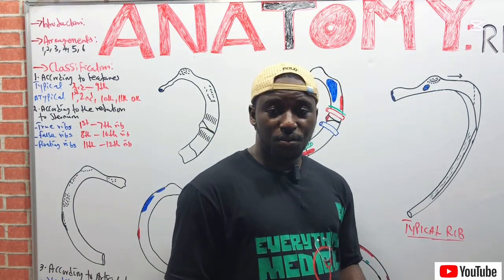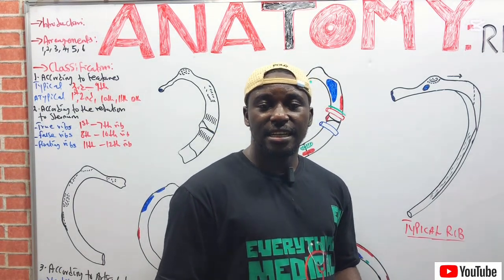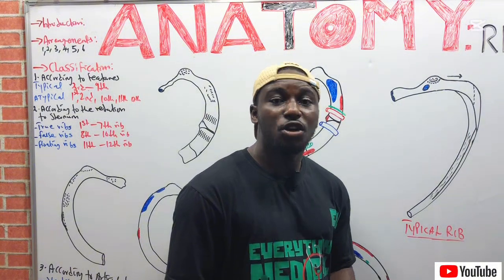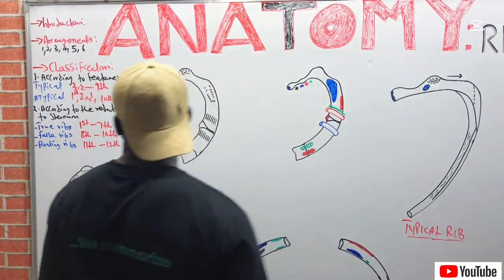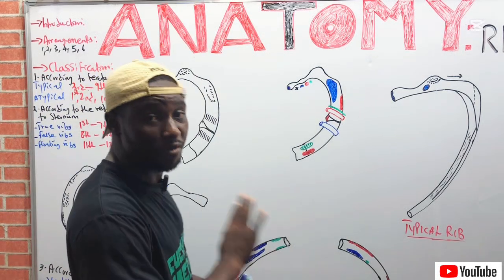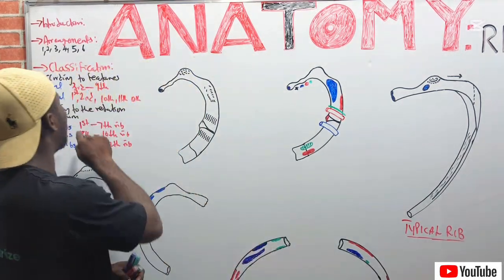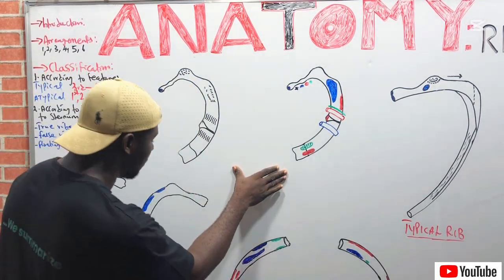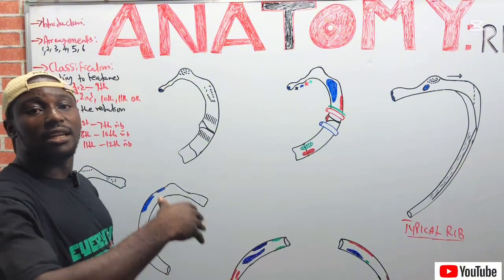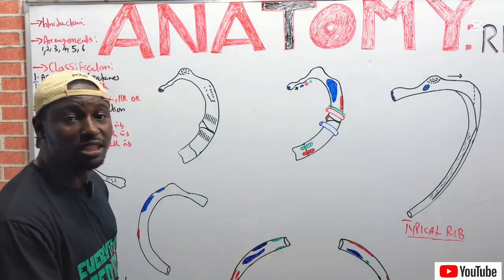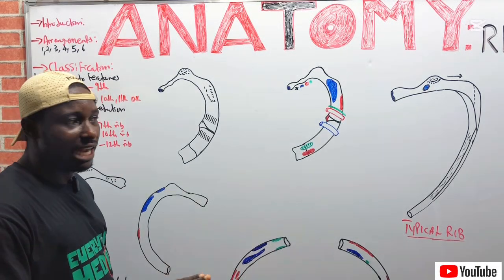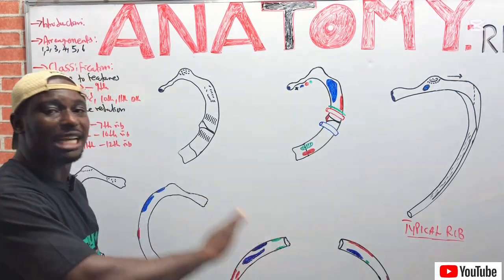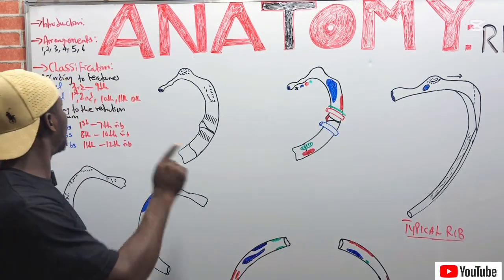The typical rib has a profound feature, because the features of the typical ribs are the same. Those ribs that range from third to ninth have the same features, whereas the features of the atypical ribs, which are the first rib, the second rib, the 10th, 11th, and 12th rib, are different from each other. For the typical ribs, their features are the same, ranging from the third rib to the ninth rib.